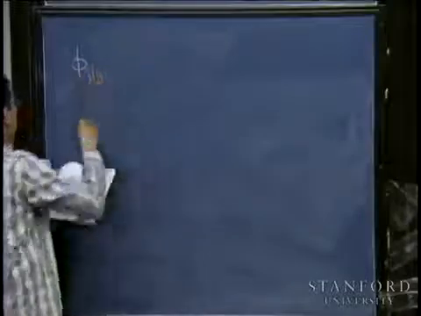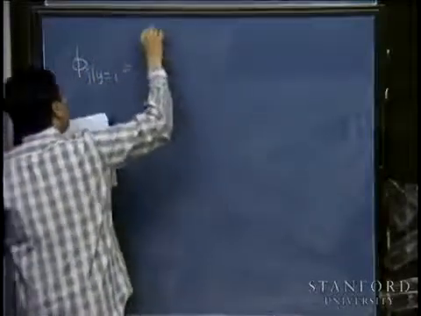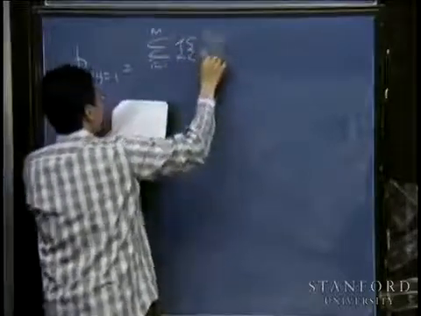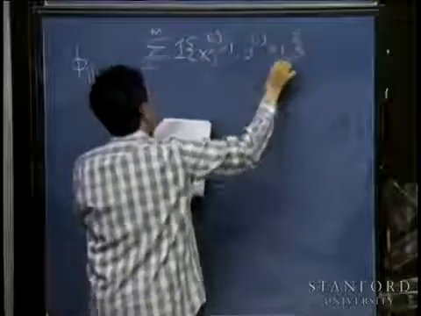The maximum likelihood estimate for phi j given y equals 1 is the sum from i equals 1 to m of the indicator xij equals 1, comma, yi equals 1.